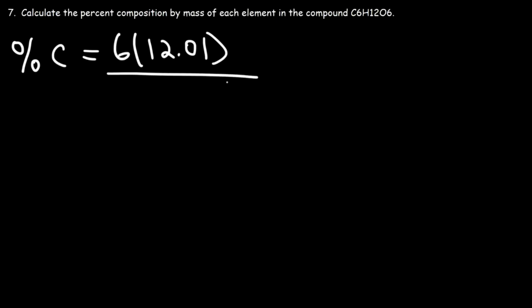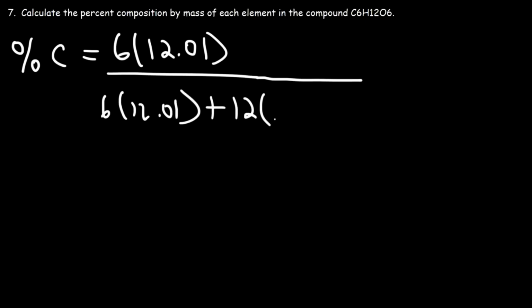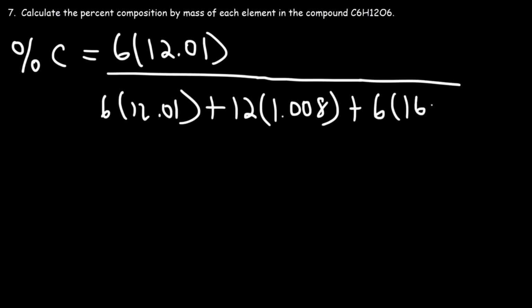Now on the bottom, we're going to put the total molar mass of the entire compound. And so that's 6 carbon atoms plus 12 hydrogen atoms, where each hydrogen atom has an atomic mass of 1.008. And then we have the 6 oxygen atoms. And then we're going to multiply this whole thing by 100%.